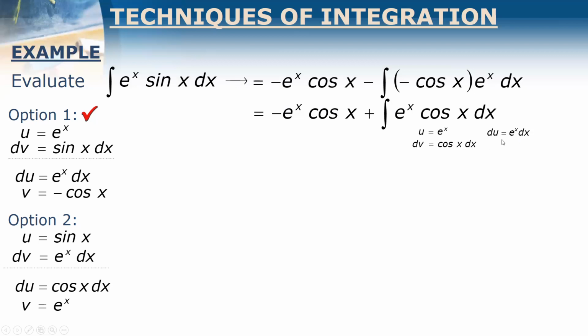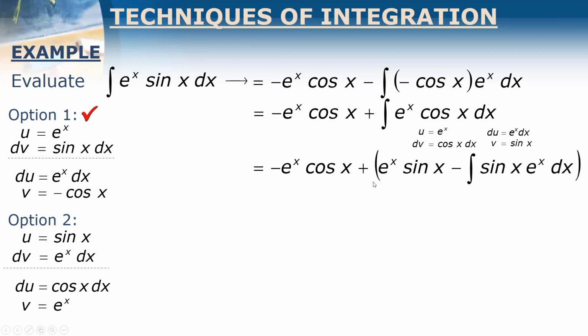And then du is e to the x dx. This time, our v is positive sine x, since the integral of cosine x is positive sine x. So this one is uv minus the integral of v du.